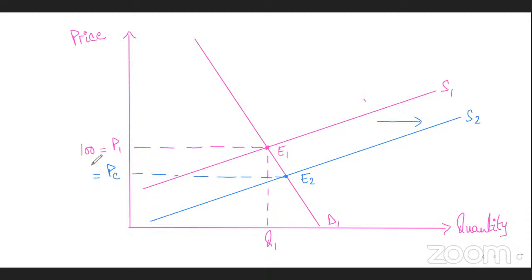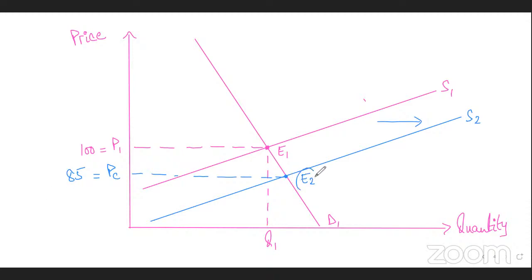Right now, obviously, consumers are paying a price less than P1. Why? Because with subsidy, what happens? I did tell you yesterday that whenever government provides subsidy on a product, the benefit is split between consumers and producers, and the price of the product decreases. So if previously consumers were paying 100 rupees per unit, now with subsidy of 20 rupees per unit, let's assume consumers are paying 85. How much are consumers paying? 85 rupees per unit.